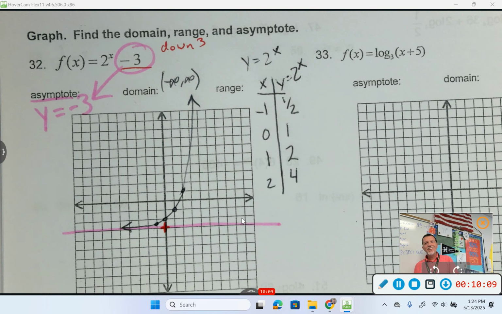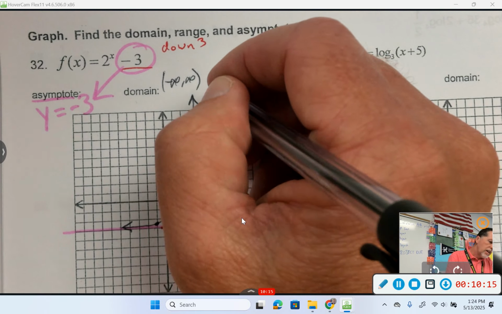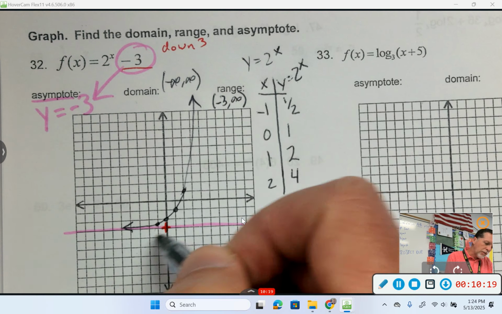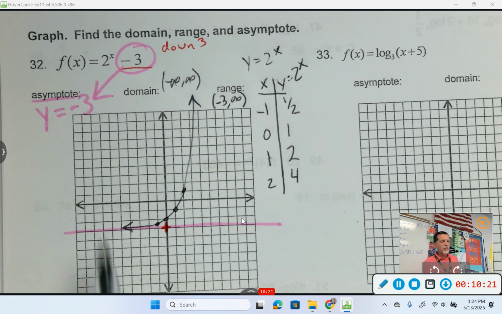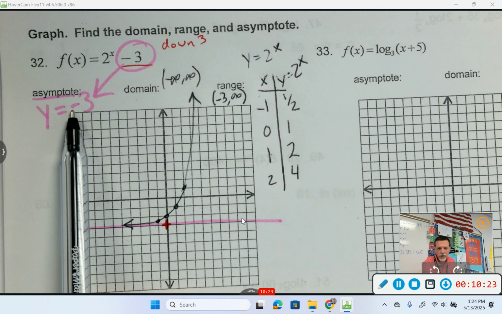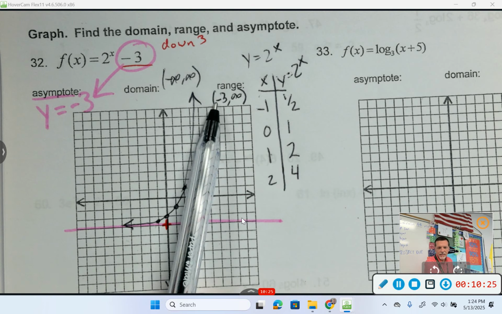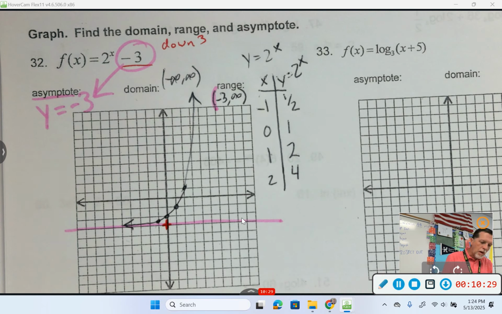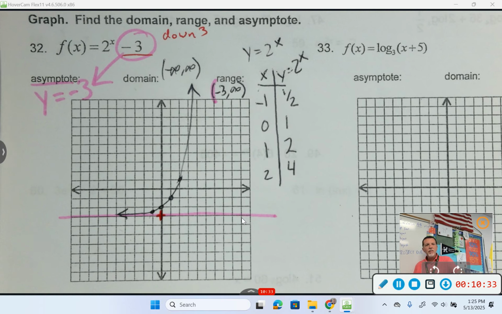Good catch. What's the furthest down it goes? -3 and up. And -3 with parentheses, because there's an asymptote, we don't get there. So these things are sort of connected. Asymptote at -3, we don't get to -3. I think that's a pink highlighted thing as well to kind of emphasize that those things are related to each other.